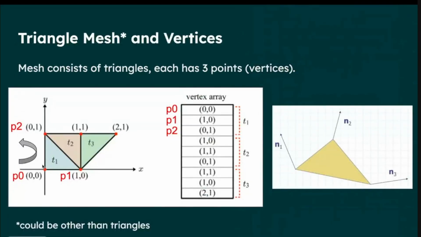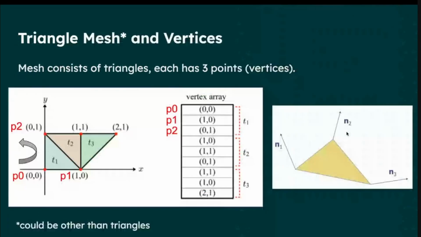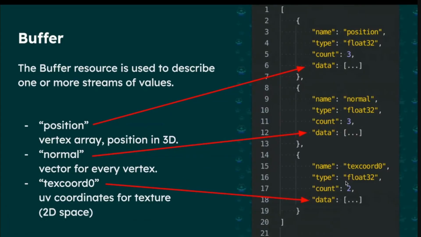Like here, every point is a vector2, we will place a vector3 here. Normal is also a vector3 for every point, for every vertex. We will have an additional normal. And texcoord is UV coordinates, so coordinates in the texture space. So we have an atlas with a lot of images. We need to know where every image is placed in the atlas, because the whole atlas is one texture.